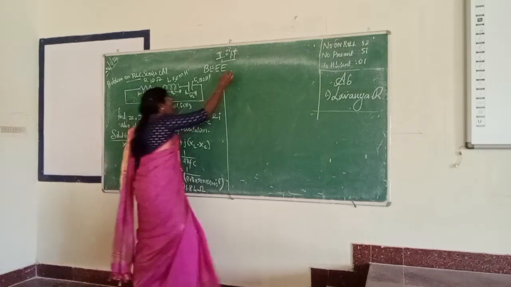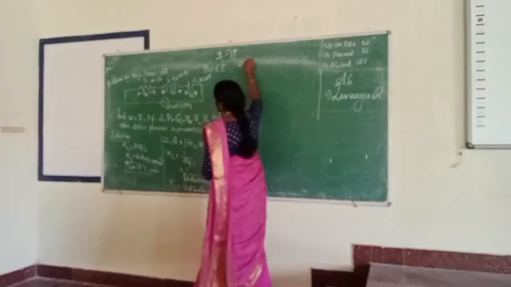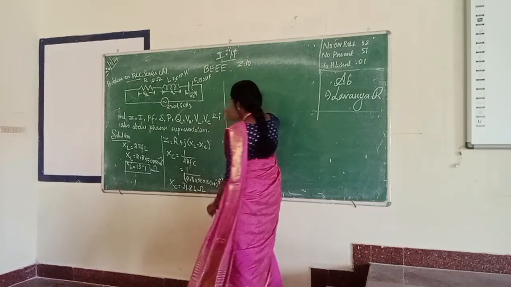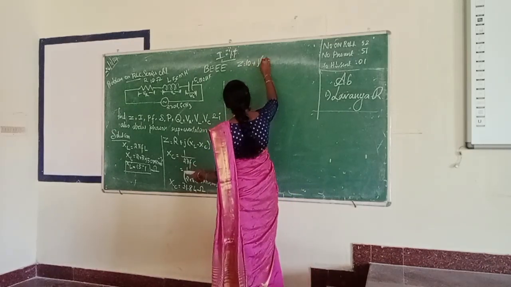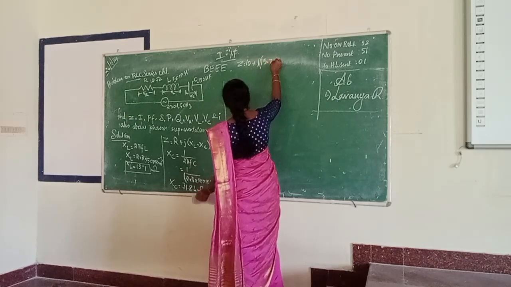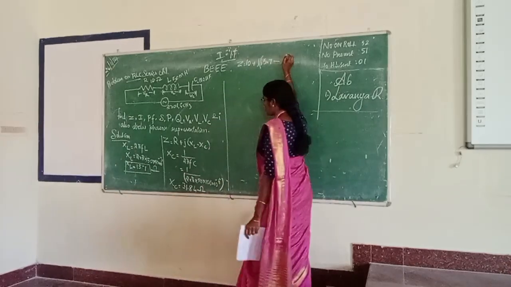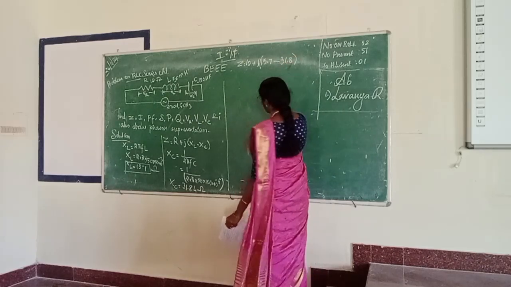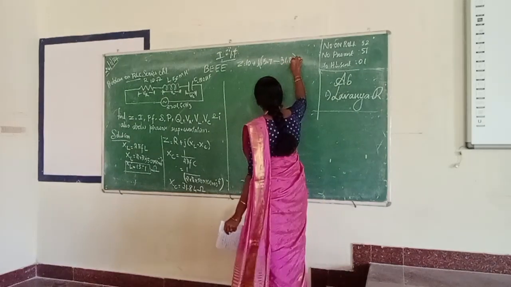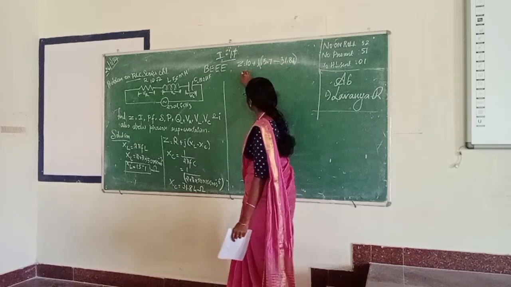Now, shall we substitute in Z? What is the Z value then? What is the value for resistance? It is 10 plus j into XL, which is 15.7, minus XC, which is 31.84. Now just subtract these two.